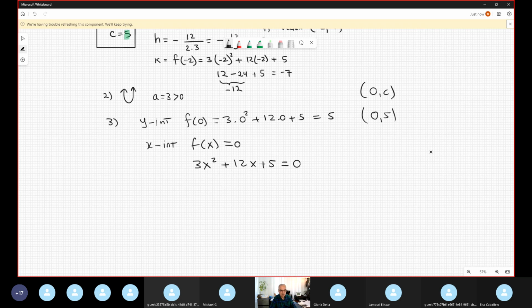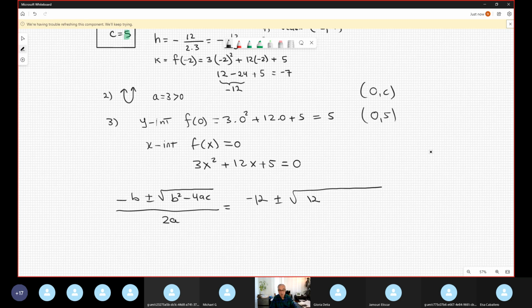Okay, so now is the quadratic formula. Minus b plus or minus square root of b squared minus 4ac, divided by 2a. And our specific example is minus 12, because b is 12, plus or minus square root of 12 squared minus 4 multiplied by a, which is 3, multiplied by c, which is 5.